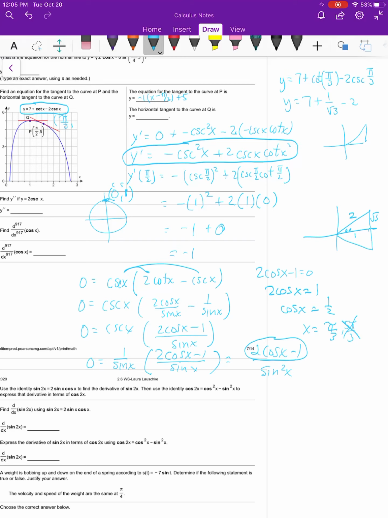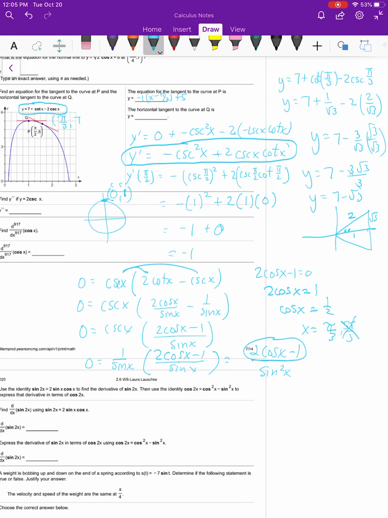And the cosecant is going to be hypotenuse over opposite, 2 over the square root of 3. So this is a -4 and a +1. So this is a -3 over the square root of 3. So 7 minus 3 root 3 over 3. So my y is 7 minus the square root of 3. And that should be close to 5.